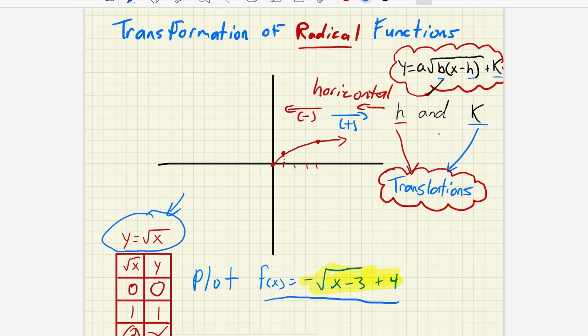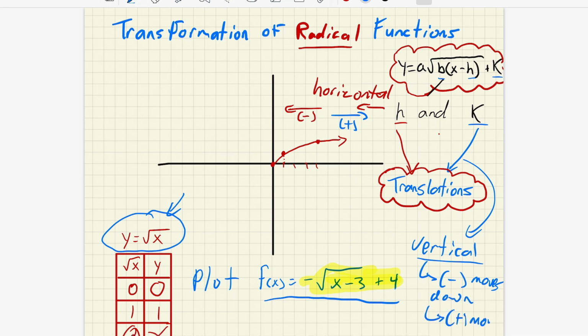And then the K represents vertical translations. So that one, similar to the horizontal, if it's negative, it moves down. And then if it's positive, it moves up.